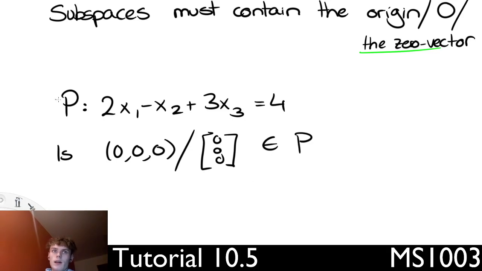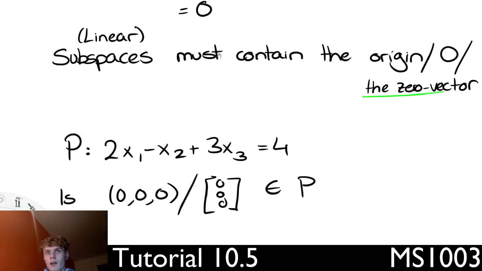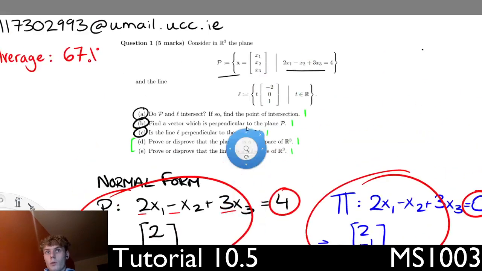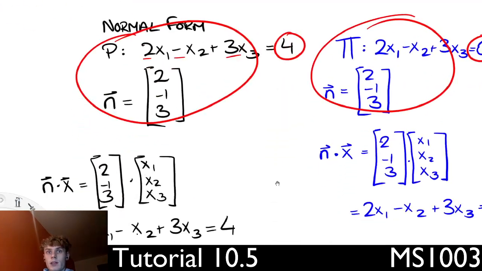Okay? I'm being lazy with the notation here. You all, of course, know that the proper way to write this is like up here. So P is the set of all vectors or points in 3D space that satisfy this equation. So if 0 is a part of our plane, it should satisfy this equation. Let's check.